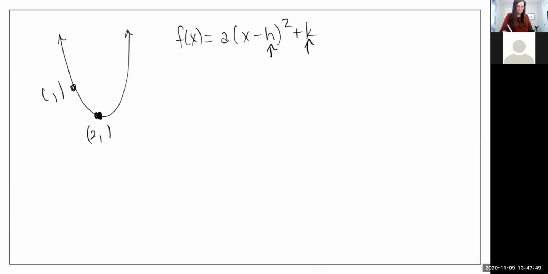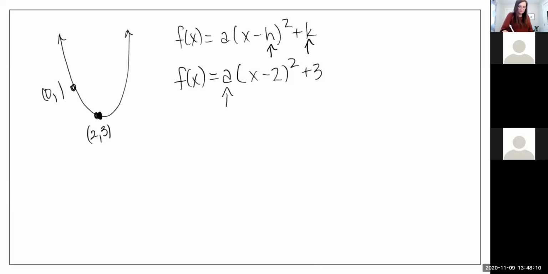So if the vertex was (2, 3), you already know to plug in 2 and 3. So really the only thing you don't know is the A. And so then you could plug in, maybe this was (0, 5), and honestly, I don't know if that's going to work because I just made it up.